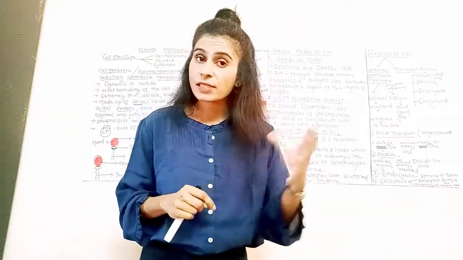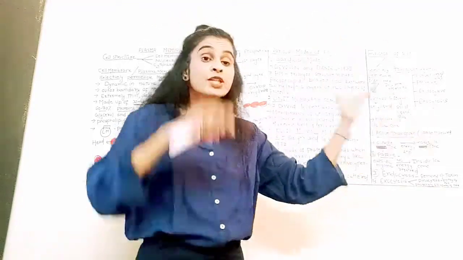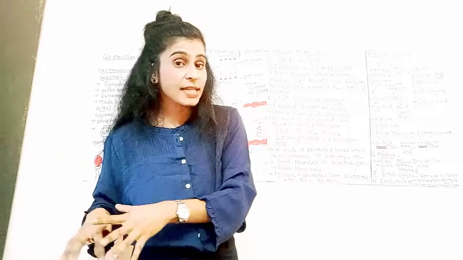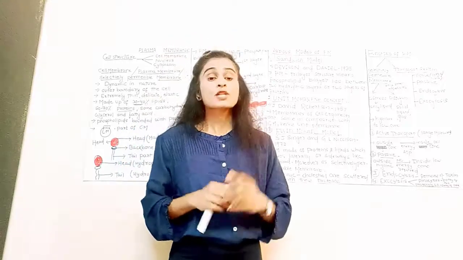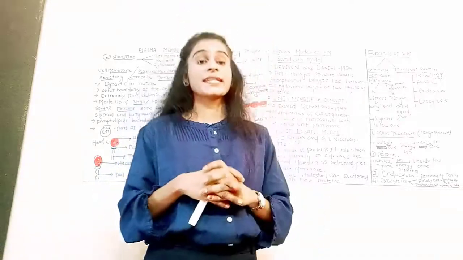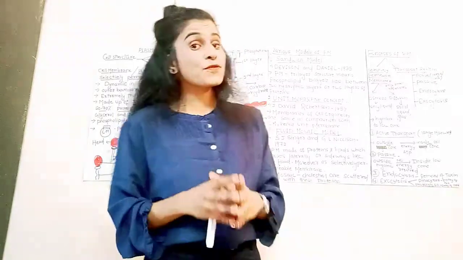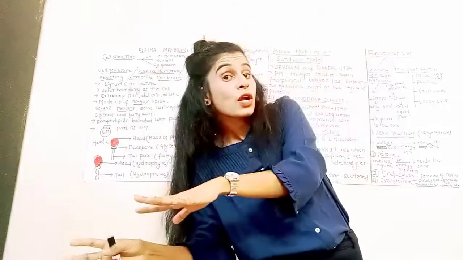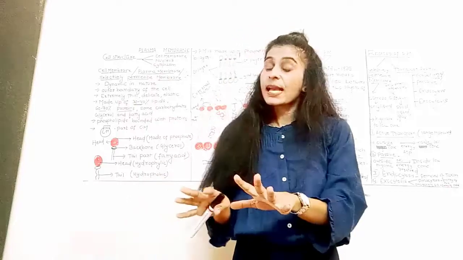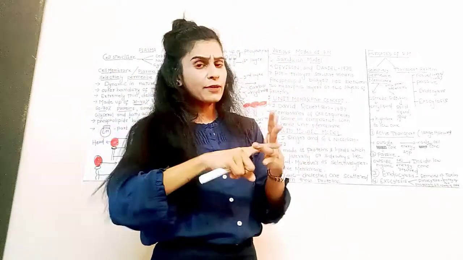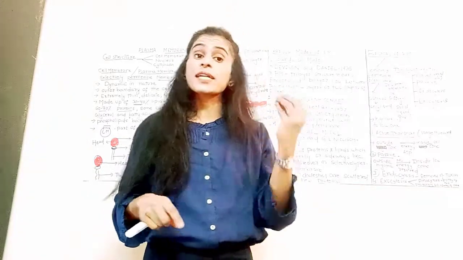Diffusion is a process where the molecules move from higher concentration region to lower concentration region through a semi-permeable membrane. And it takes place in solid, liquid and gases. In all 3 cases, diffusion takes place.